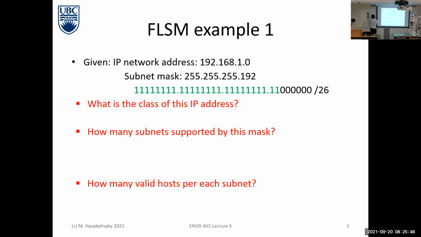So the number of devices is 2^8 minus 2, which equals 254. In binary, that is 8 ones, 8 ones, 8 ones, and then 8 zeros. This is the subnet mask of class C.